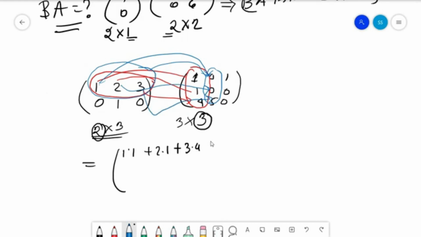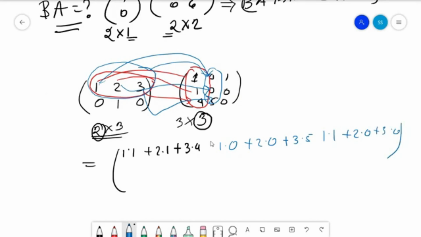So let's write it down. It will be 1.0, 2.0, 3.5. Again, we need to work another time because there is another column over here, and if you multiply it, 1.1 is 1, then you do 2.0, and then you do 3.0.